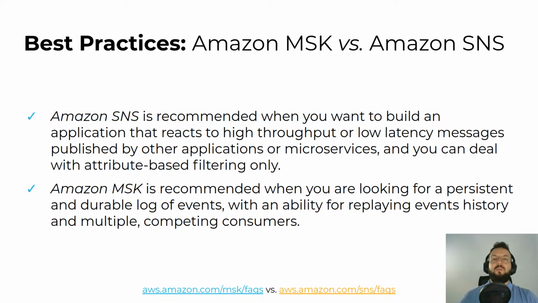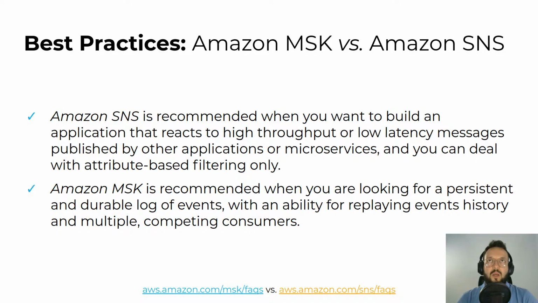So let's compare those services that we covered in the past weeks with MSK. First things first, MSK versus SNS. This should be pretty easy. SNS is basically a service for notifications for high throughput, multiple channels, maybe sometimes for microservices and publishing low latency messages.